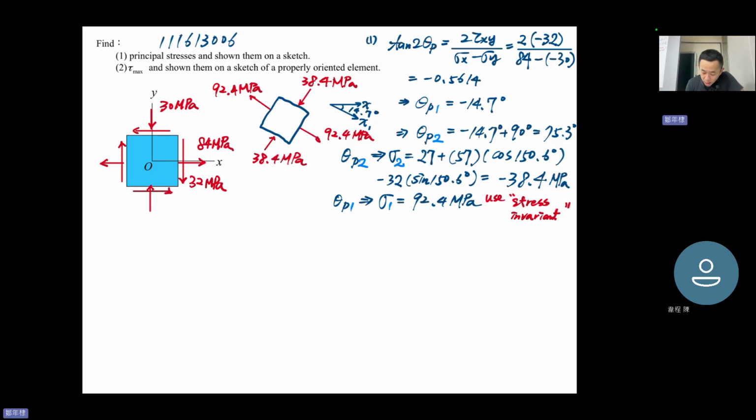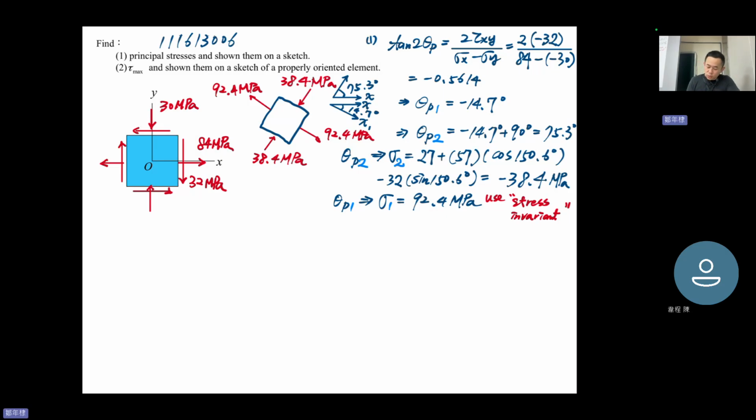And again, I will emphasize that if you draw the new X1 as 75.3 degree, it's still okay, right?